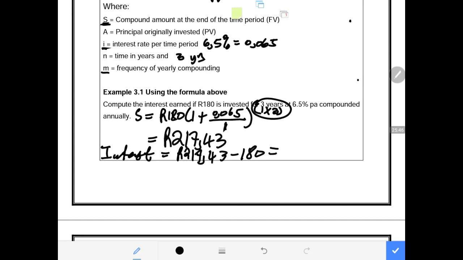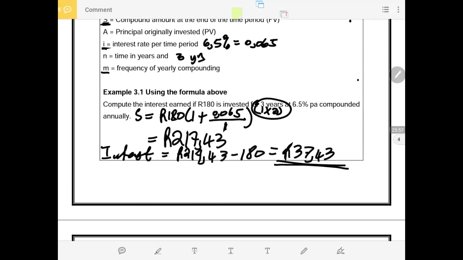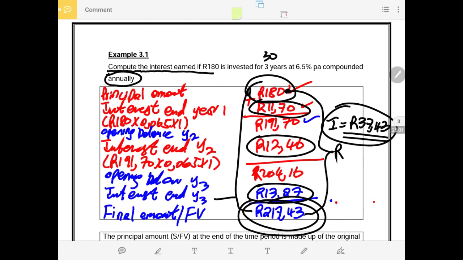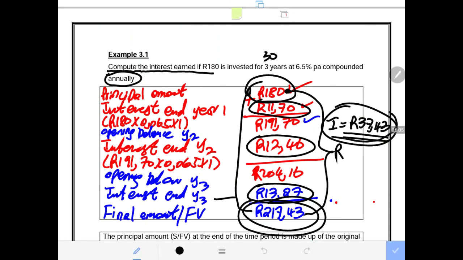If you do that, it will give you an amount of 37 Rand 43 cents. And you can see that either we use the formula or we calculate the interest earned in each and every period, we still get the same interest earned over the period of the investment.